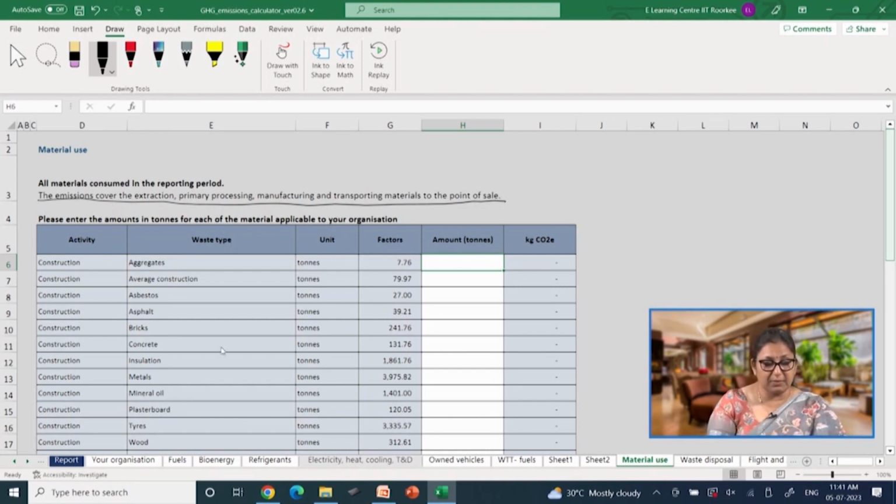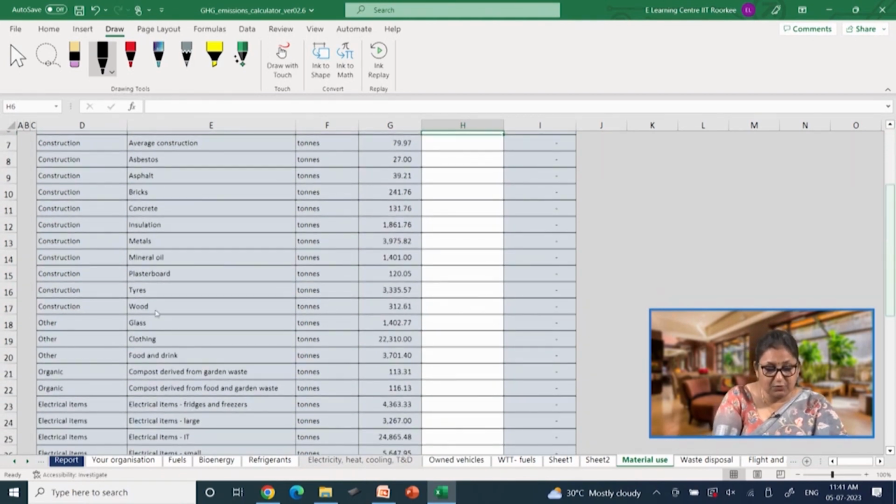Here we are talking about the different types of materials that are going to be consumed, including extraction, processing, manufacturing and transportation of these materials. So, for example, wood as a material: extraction, procuring it from the forest, processing it if it is processed, and then transporting it to the point of sale. All the emissions related to that are accounted for here.